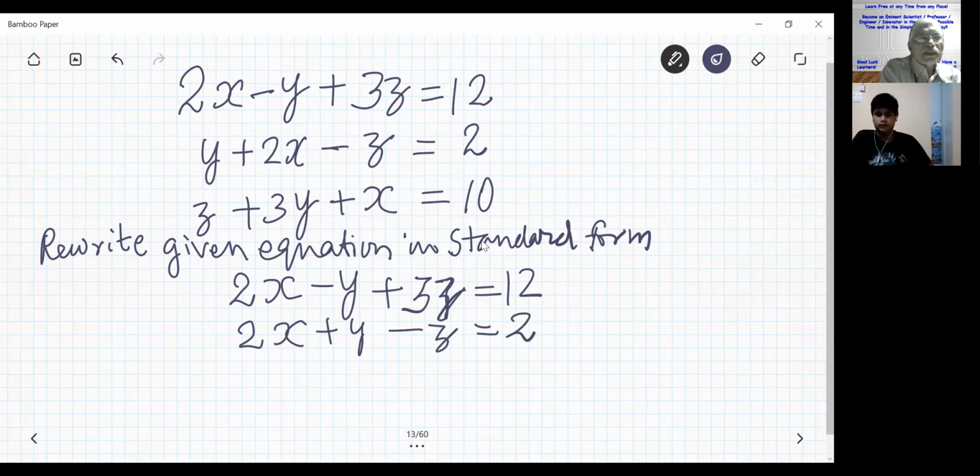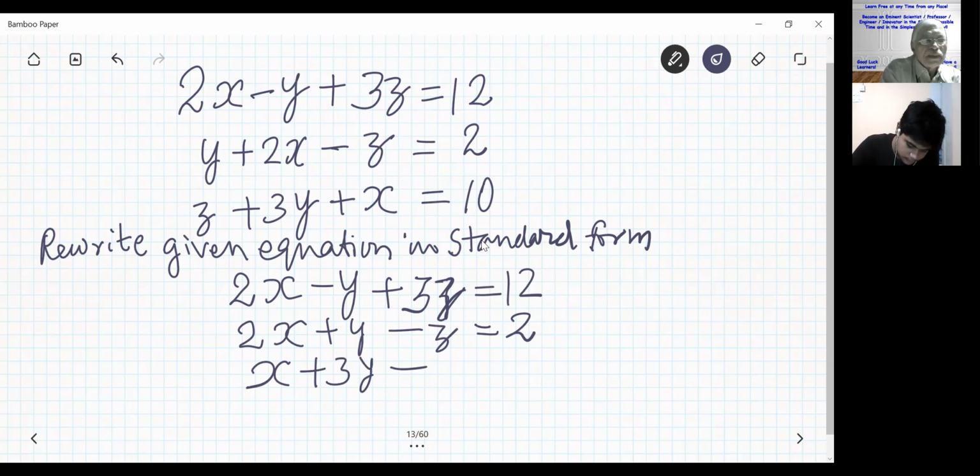What will you write for the third one? X plus 3y plus z is equal to 10.